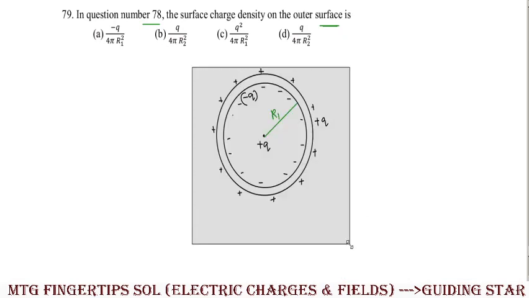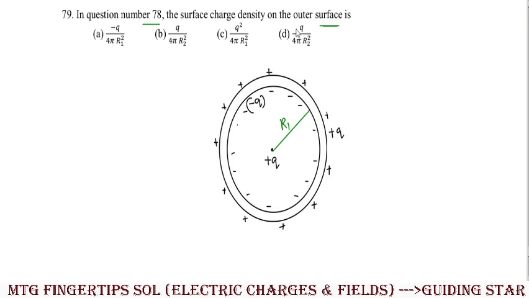So here in this particular case, surface charge density on the outer sphere, we know that the charge which is present on the outer surface, clear, that will be how much? Plus q. And radius of the outer surface is R2. Then surface charge density sigma 2 is equal to q upon area.